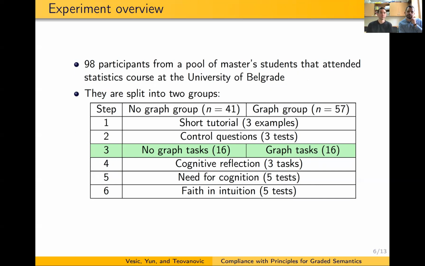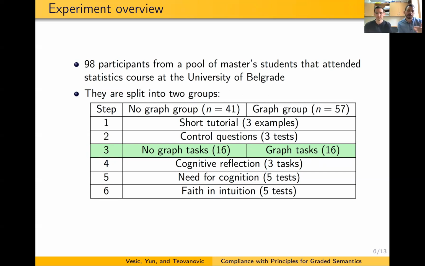The only difference was in the third part: people from the graph group were seeing a graph, what you've seen a slide ago and are going to see again. The no graph group had exactly the same dialogues, the same text, but they didn't see the graph. There were 16 tasks in both the no graph group and the graph group, and the only difference was whether a graphical representation of arguments was presented.